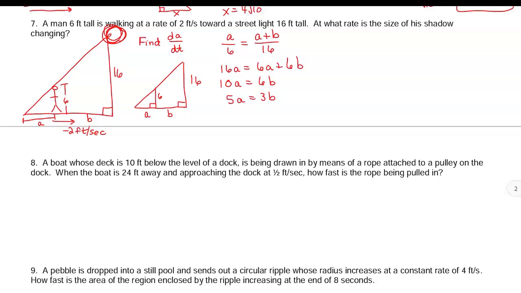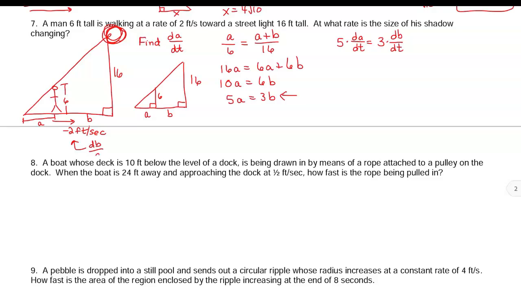Now I'm ready. I'm supposed to be finding dA dt, and I have an equation with A in it. So I'm going to take the derivative with respect to t of this equation. The derivative of 5A is 5 times dA dt equals 3 times dB dt. We only have two unknowns, and the one that we have a number for is -2 feet per second.